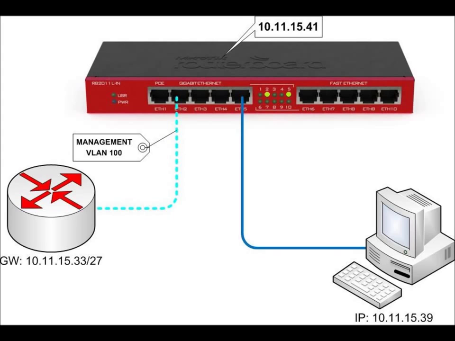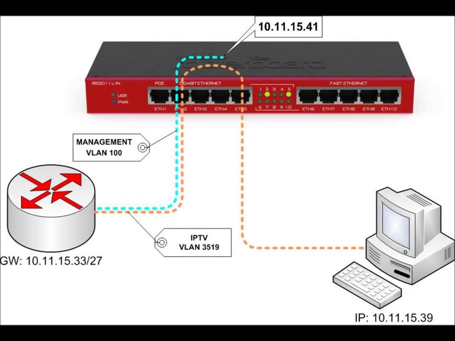I will show an example with some other VLAN, and for that I will connect the PC into port 5. The management VLAN will remain on port 2 because I need to reach the Mikrotik from the network, and I will add only one more VLAN, for example IPTV, that I will bridge from port 2 to port 5.